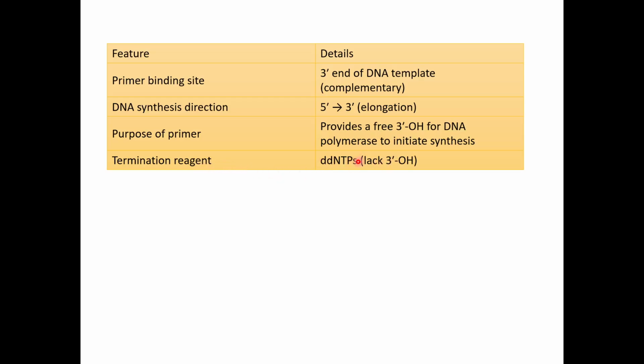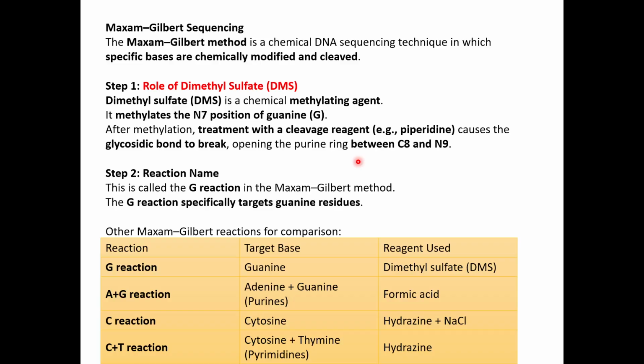Then again, coming to Maxam-Gilbert. Maxam-Gilbert is a chemical DNA sequencing technique in which specific bases are chemically modified and cleaved. So we use DMS, that is dimethyl sulfate. Dimethyl sulfate is a chemical methylating agent.